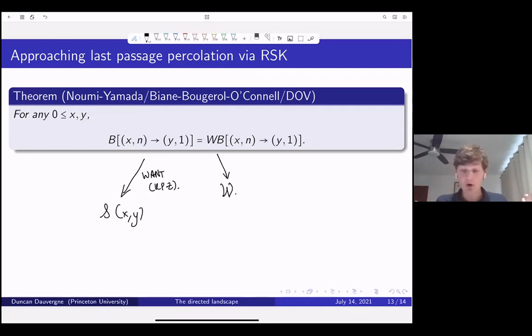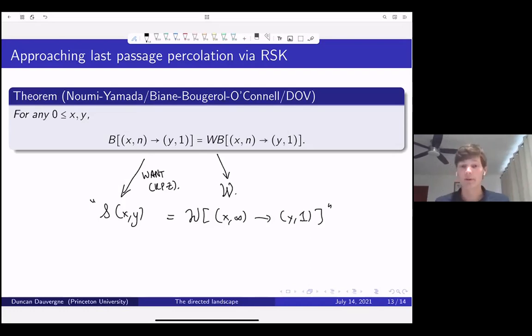And so what you might hope is that this equality can somehow pass through to the limit, and that you can express S of x, y as some sort of last passage problem across the Airy line ensemble from (x, infinity) to (y, 1). So this is this dream formula that you might hope to get.